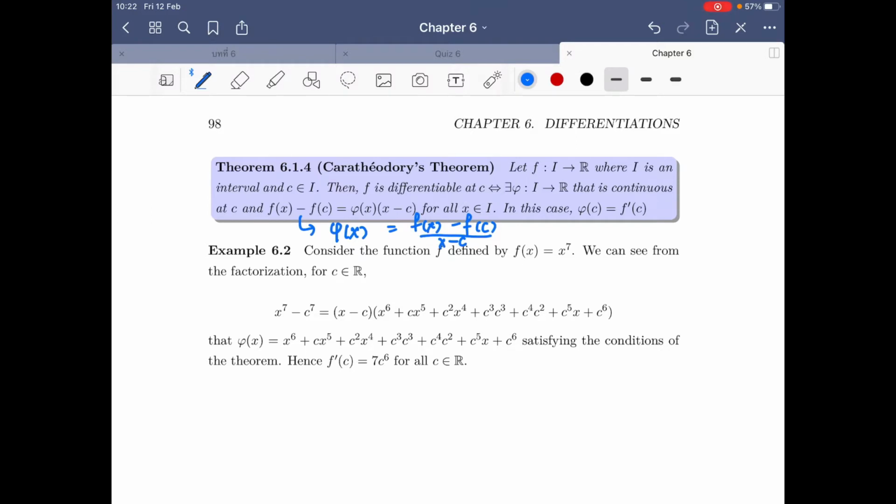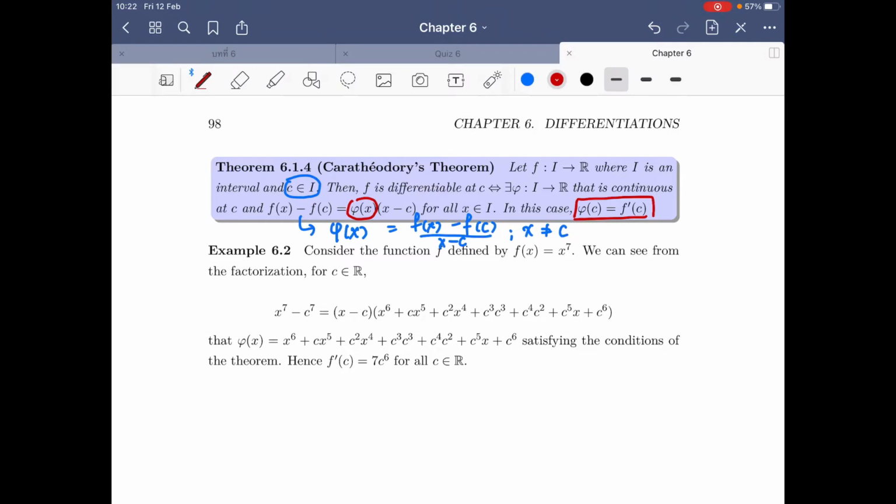However, because c is inside this interval, you can write this kind of quotient only in the case that x is not the point c. And in this case, if you can find this kind of function phi that is continuous, then this phi at c is actually your f prime at c.